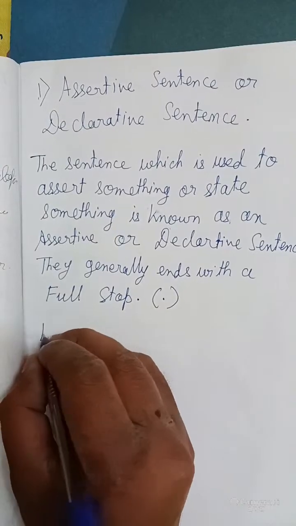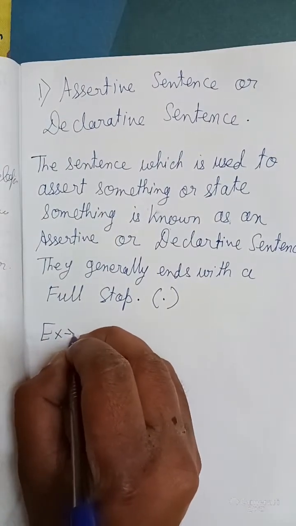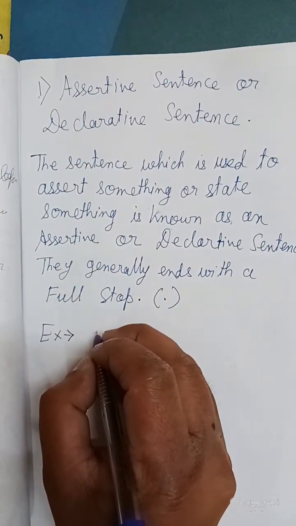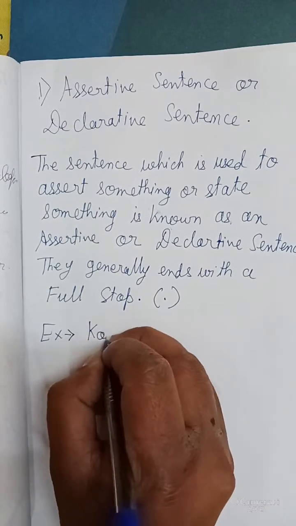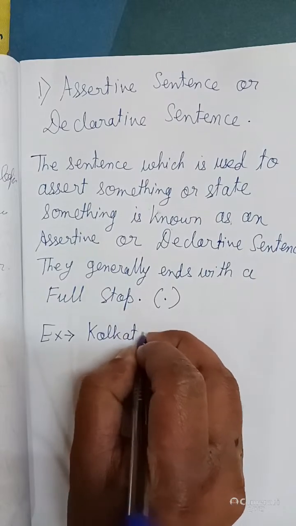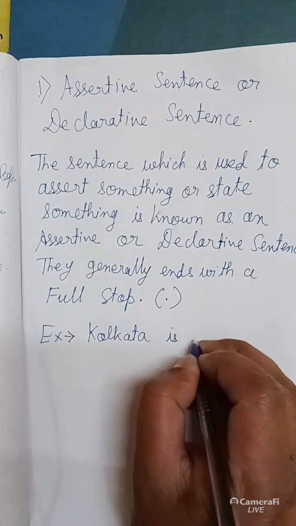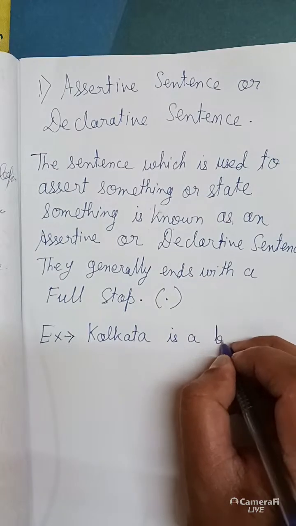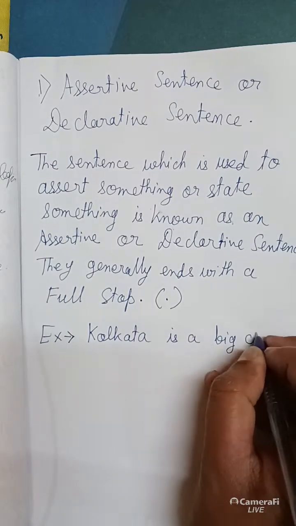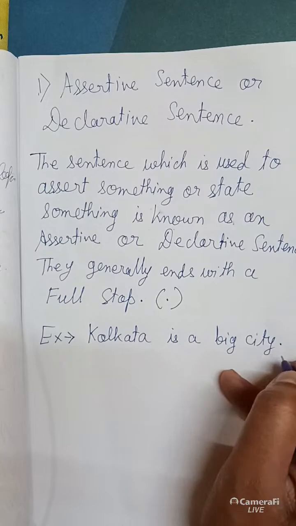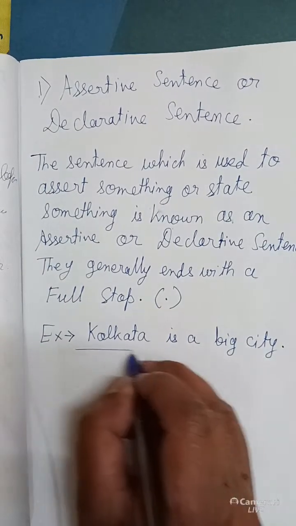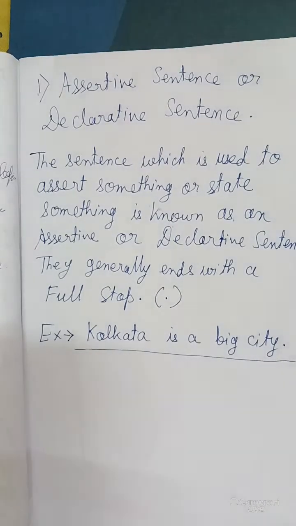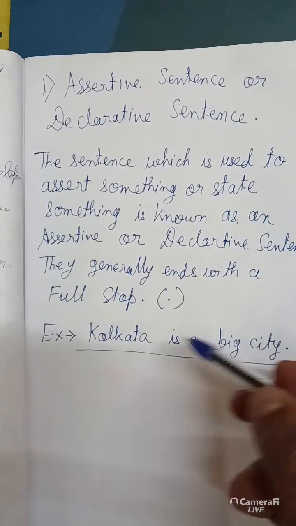For example, if we say Kolkata is a big city, so this is an assertive sentence. Why? Because this sentence states Kolkata to be a big city.